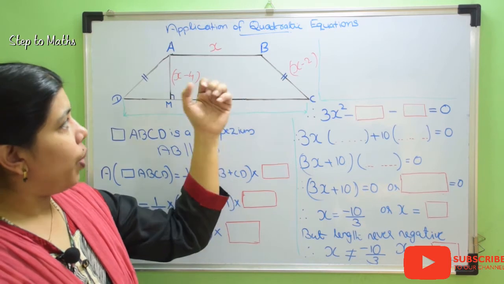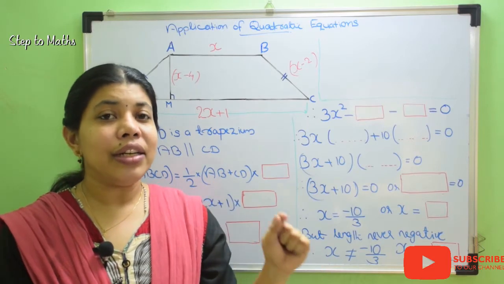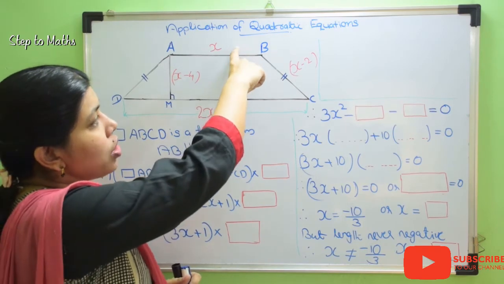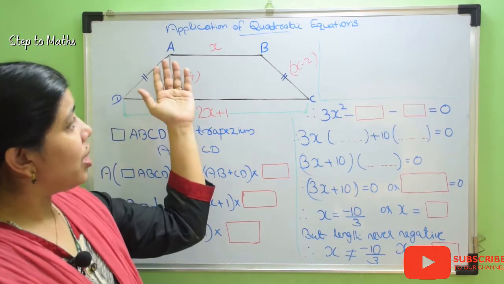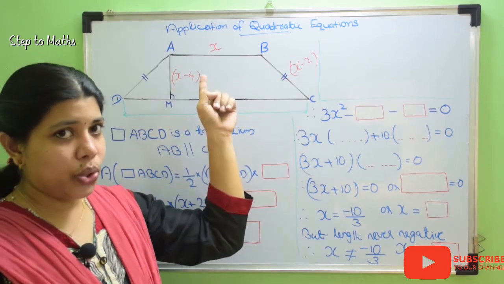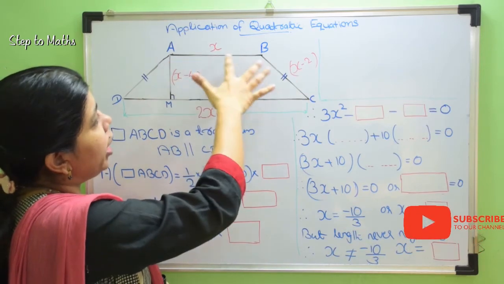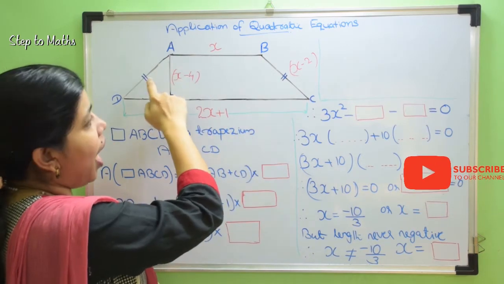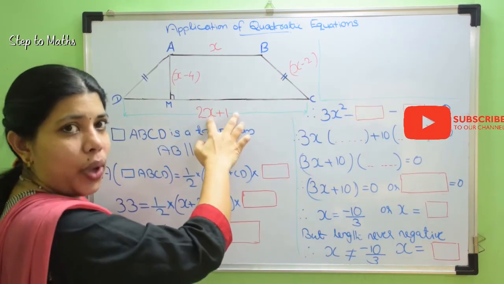The figure is given. Quadrilateral ABCD is a trapezium, which means it is a quadrilateral with one pair of sides parallel. Here the parallel sides are AB and CD, that is given, and its area is also given. The side AB is x, the lengths of BC and AD are equal, that is x minus 2, and the side CD is 2x plus 1.